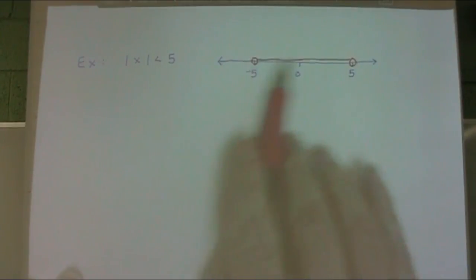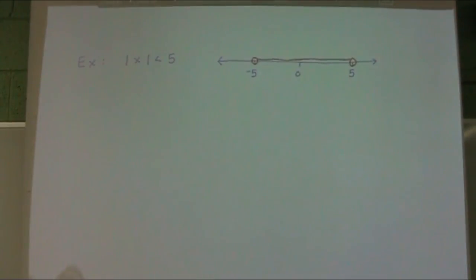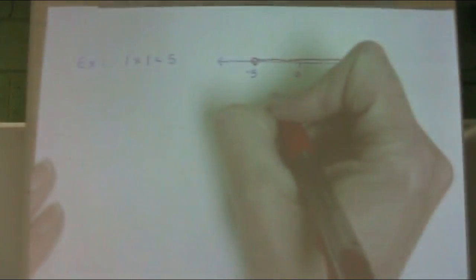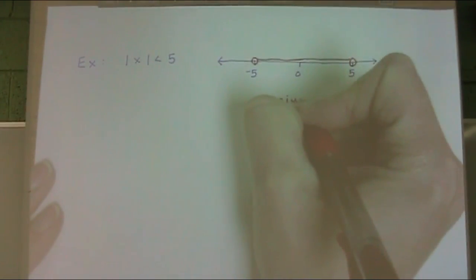Now, when I take away the ruler, look what I have. This is my solution. Do you remember this from our last unit? We had graphs that looked like this. And this was a conjunction, right? It's an "and" combined inequality.